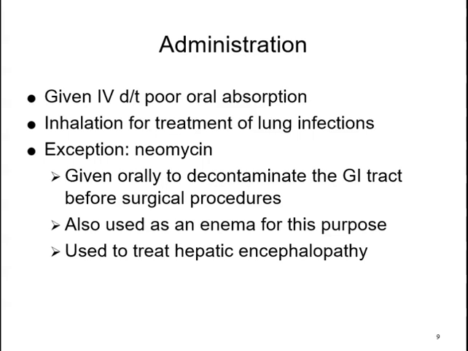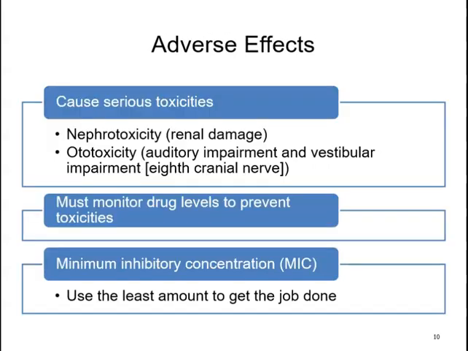But the big problem that we have with these aminoglycosides, and I want you to think of them as mean medications, is that they cause a lot of side effects, a lot of adverse effects. So nephrotoxicity and ototoxicity are known safety concerns associated with the use of these aminoglycosides.